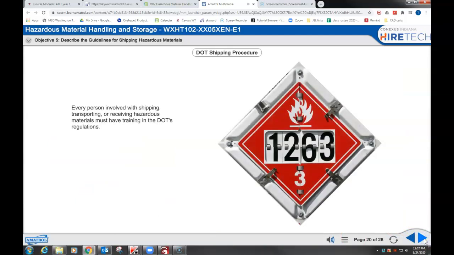Every person involved with shipping, transporting, or receiving hazardous materials must have training in the DOT's regulations. These regulations provide the key actions that the shipper must take to ensure that hazardous materials are safely transported.